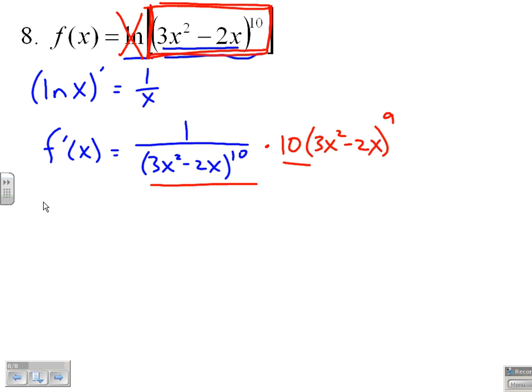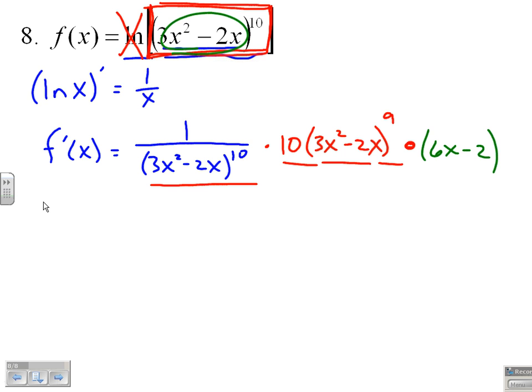I need the outside derivative of the inside function times the inside derivative. I still need to find this guy's derivative right here. That's the inside of my x to the 10th. So that guy's derivative, of course, is 3 times 2, 6x minus 2.